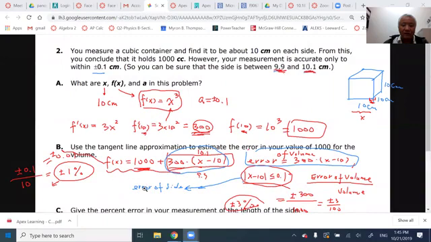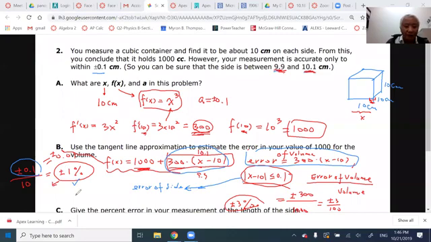They said give the percent of the error in your measurement of the length of the size. So you just take this 0.1, that's here. You see, I put it here. This is 0.1, the error in the measurement of the size, divided by the length of each side, 10. So you change it, and you can get this one now.